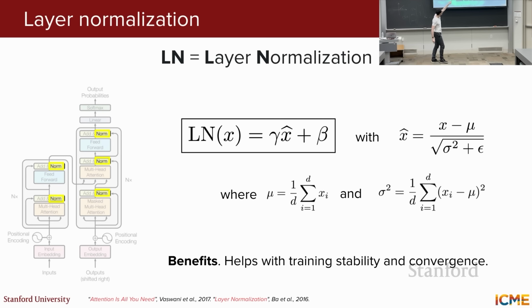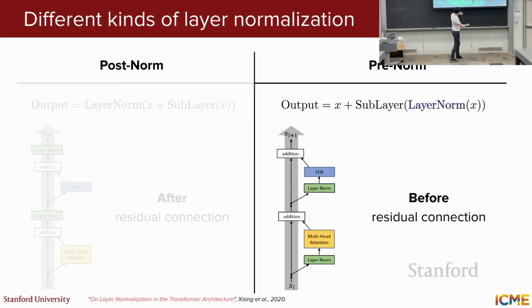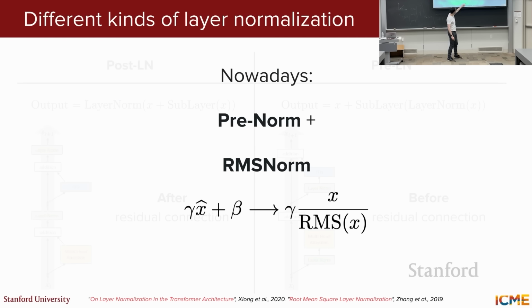Instead of computing this, people just normalize x by the root mean square of the components of x, and they learn only gamma. Why do they do that? They show that the convergence properties are comparable, but here you have fewer parameters to learn, so it's quicker.